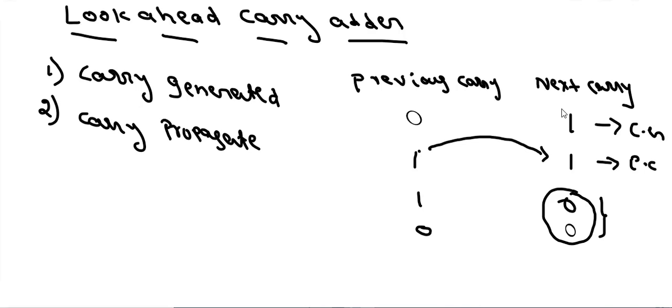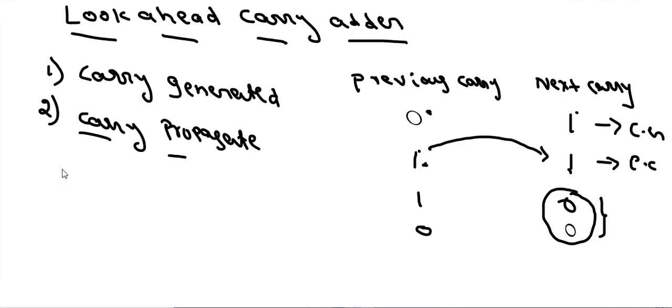There are two possibilities: previous carry 1 and next carry 1 is called carry propagate, and previous carry 0 and next carry 1 is called carry generate.